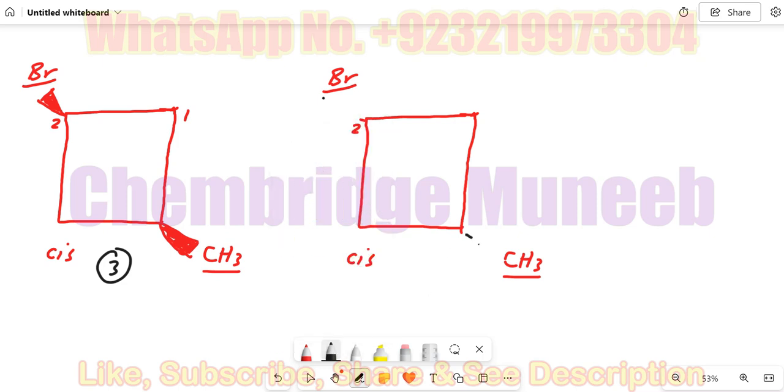When they become into-the-plane bonds, they are again considered cis products, because both the bonds are going into the plane. That's why this is the fourth isomer.